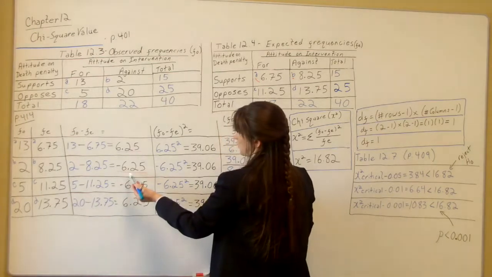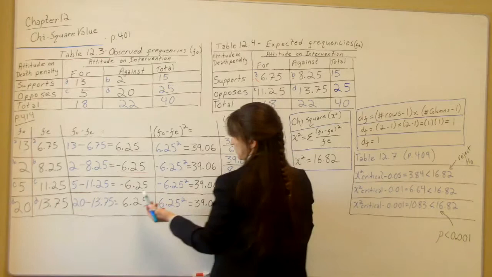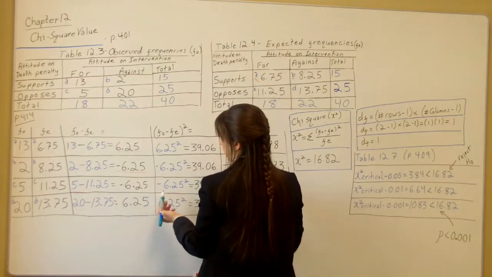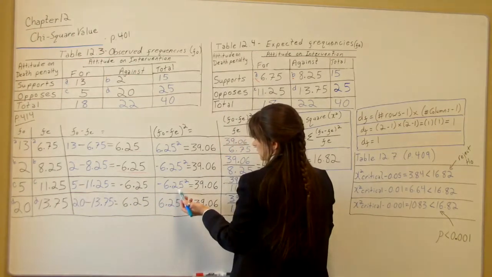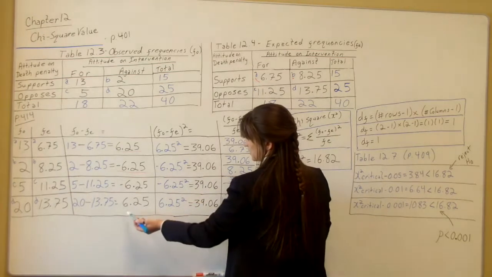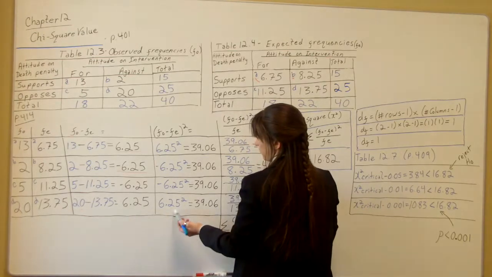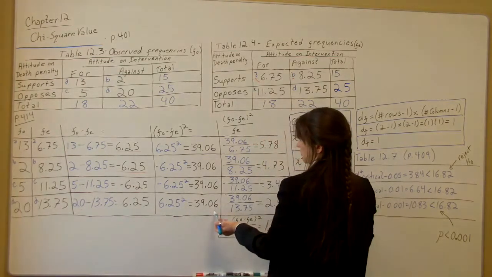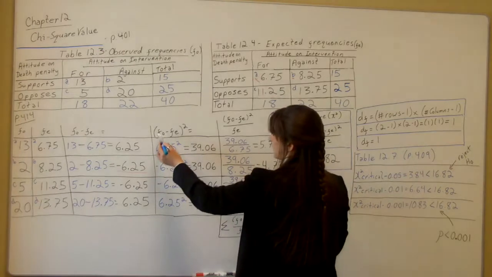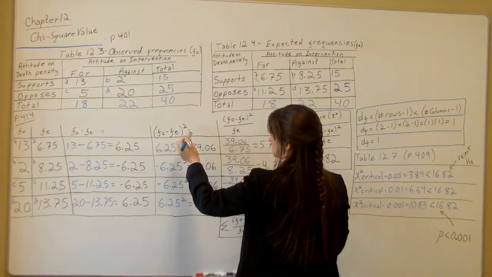So negative 6.25 squared equals 39.06, and again 6.25 squared equals 39.06. That's how you figure out your observed frequency minus your expected frequency squared.